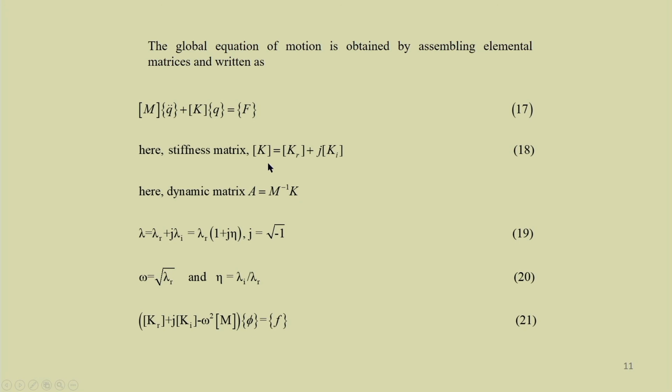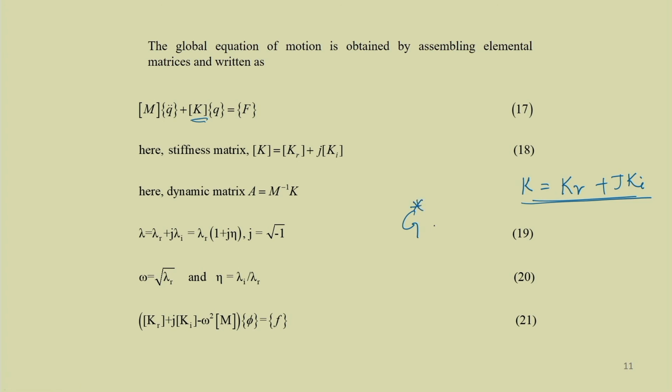Here, the stiffness matrix K: as we are considering viscoelastic material, this viscoelastic material has a property that the stiffness K will have a real part and a complex part, K r plus j K i, because of the elasticity modulus E or G that you are considering in case of the viscoelastic material. For example, the shear modulus G can actually be G star.